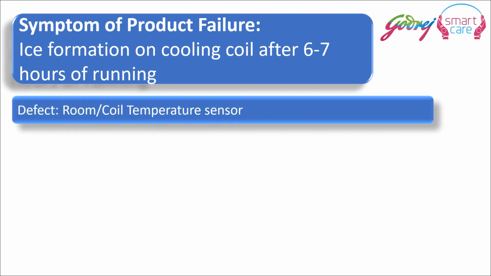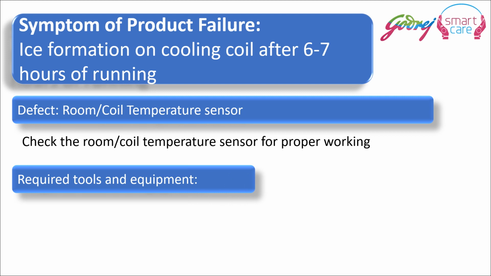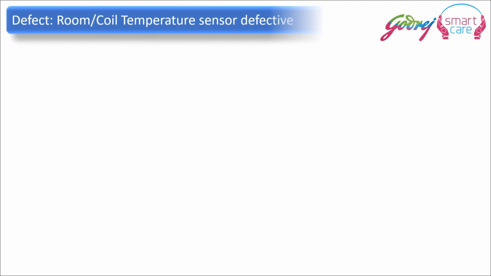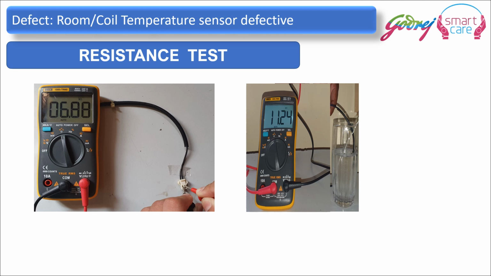In case of a defect in the room or coil temperature sensor, check the room and coil temperature sensor for proper working. The required tools and equipment: resistance test for room and coil temperature sensor defect.